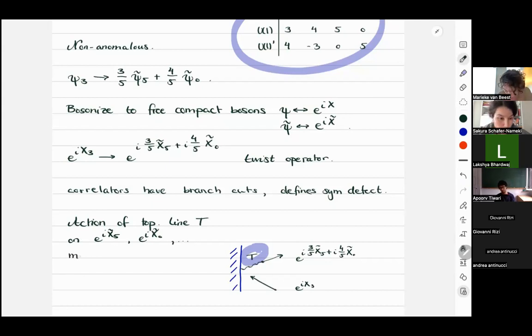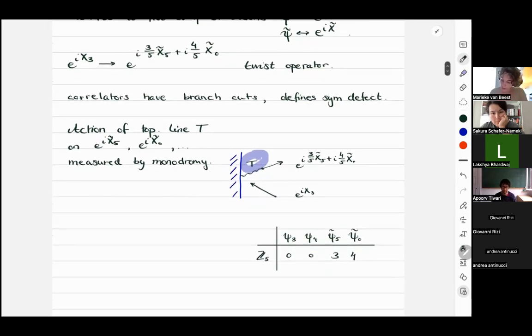So that is measured by the monodromy. Right? So we can figure out which symmetry this is by literally just looking at the correlation functions and moving the integral vertex operator around the twist operator once and see which phase it picks up. Okay? And what we find is that this symmetry is a Z5 with these charges for the fermions.